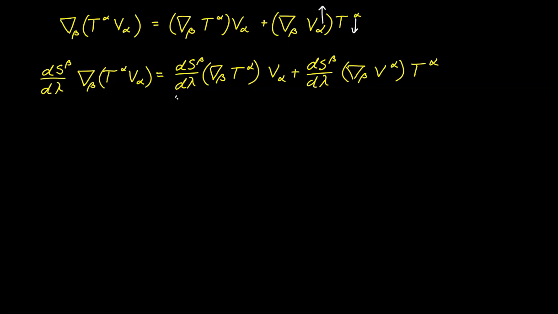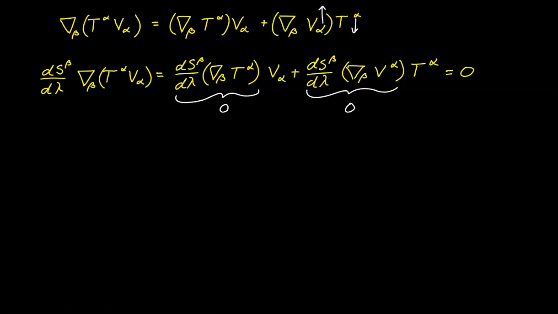Well, this part of the expression right here is our parallel transport for T alpha, and that'll be equal to 0. This is the parallel transport for our vector V alpha, and it's also equal to 0. And of course that means that adding the two terms together, the whole expression has got to be equal to 0.